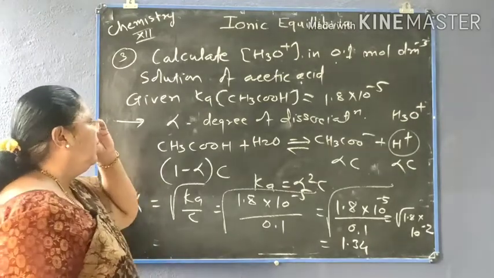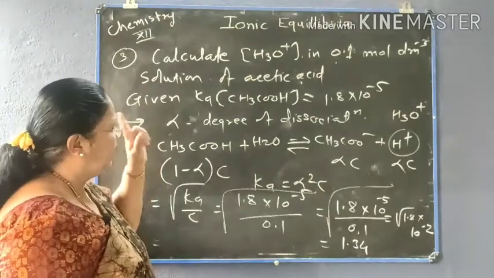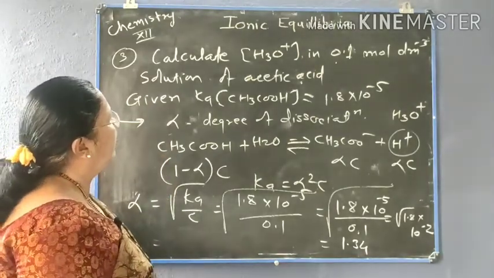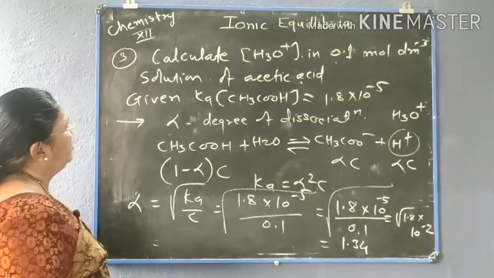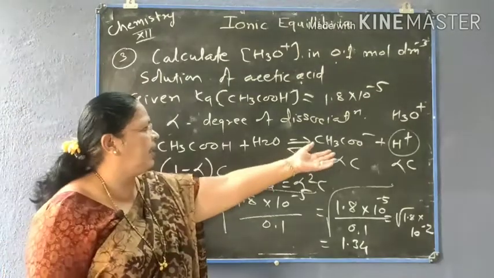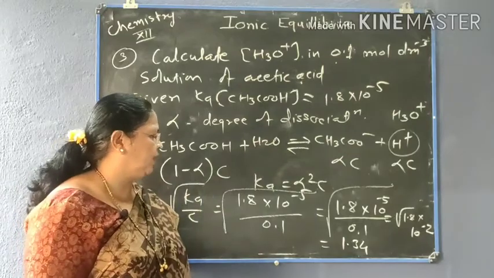Once again, calculate the concentration of H3O plus, that means H plus ions, in 0.1 mole per dm cube of acetic acid solution. You know that acetic acid is a weak acid. It is dissociated into acetate ions as well as H3O plus, that is H plus ions.